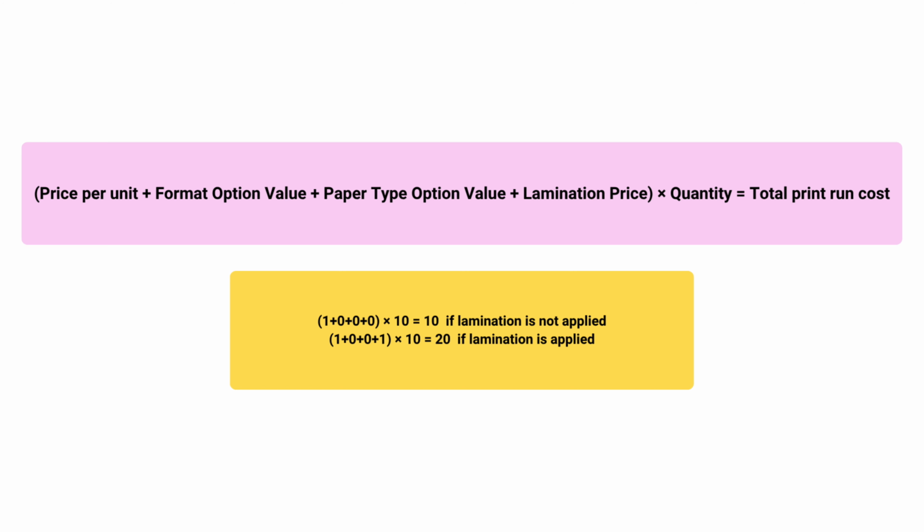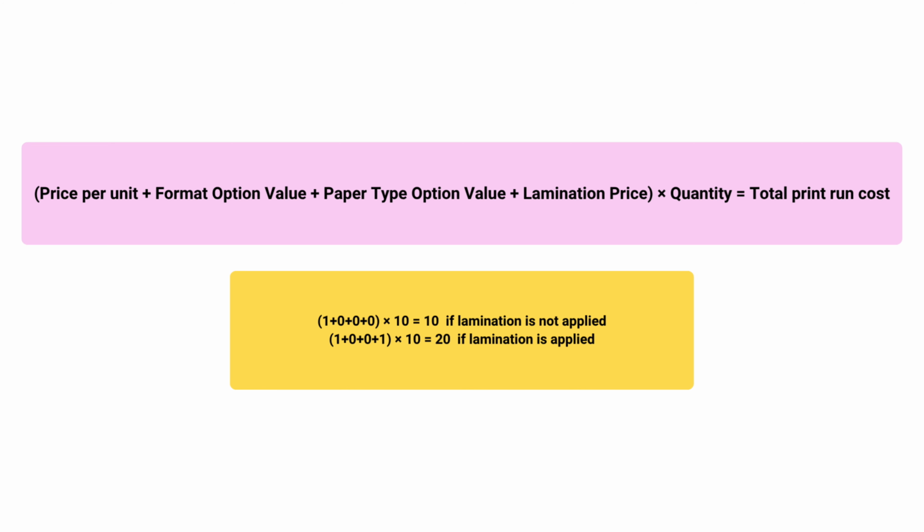Price per unit plus format option value plus paper type option value plus lamination price multiplied by quantity equals total print run costs. And the equation's like this. 1 plus 0 plus 0 plus 0 times 10 equals 10 if lamination is not applied. 1 plus 0 plus 0 plus 1 times 10 equals 20 if lamination is applied.